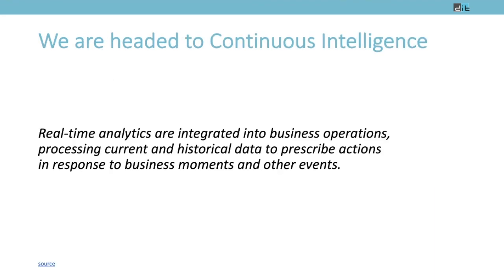Now, in conclusion, we talked about A/B testing and the basics, but the truth is that A/B testing can be viewed as a stepping stone to what is called continuous intelligence.